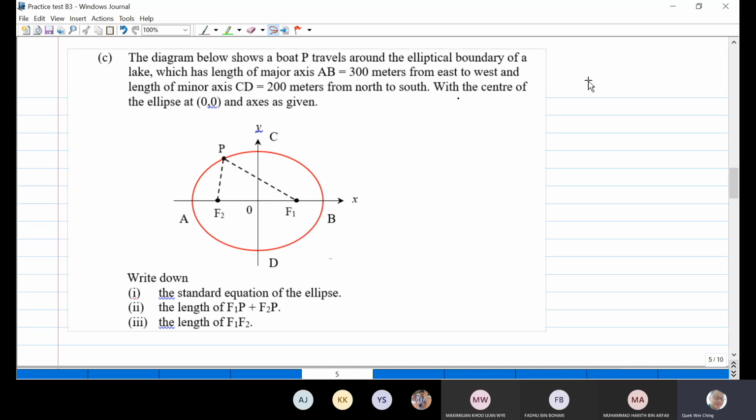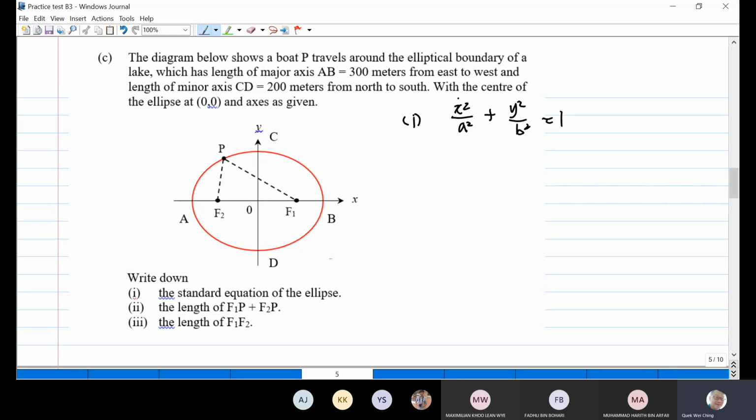First, what is the standard equation of ellipse here? Okay, how to find the equation of ellipse here? So the ellipse looks something like this. With a center origin, part 1, right? So it is like this. X squared over A squared plus Y squared over B squared equal to 1.